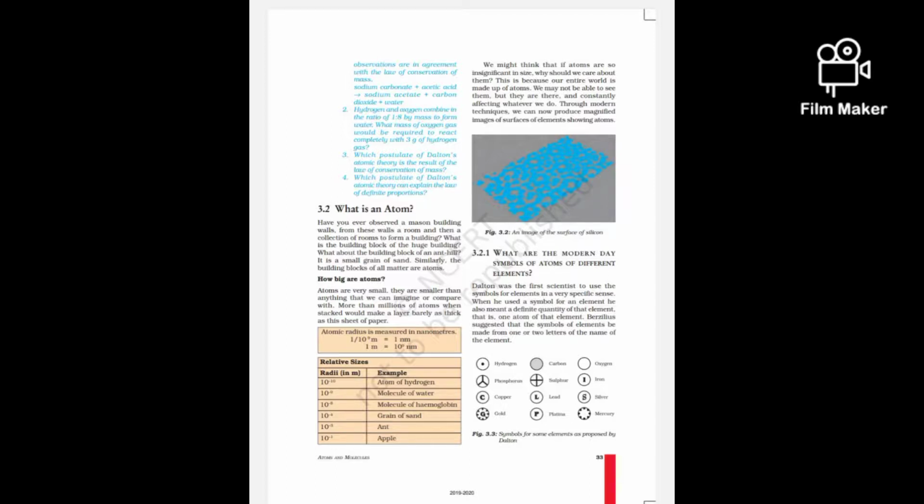In general, 1 by 10 to the power of 9 meter is equal to 1 nanometer, or 1 meter is equal to 10 to the power of 9 nanometers. For example, a hydrogen atom is the smallest atom and its radius is 0.1 nanometer.